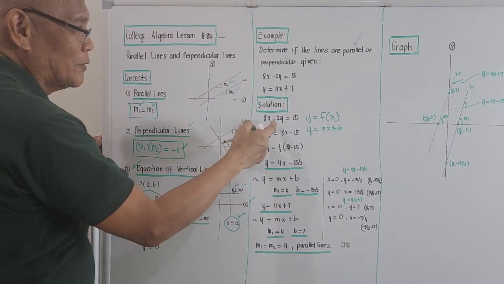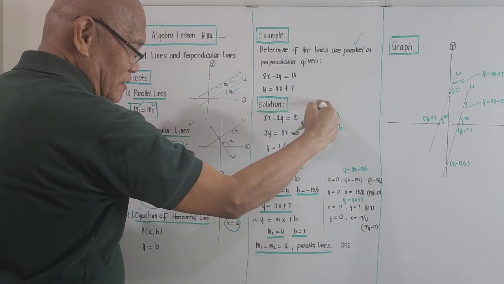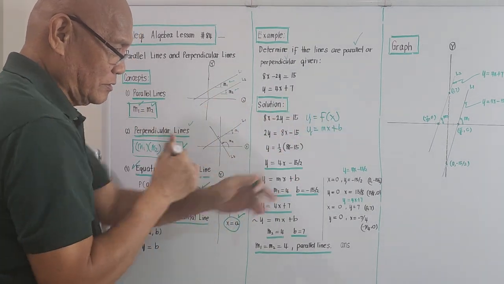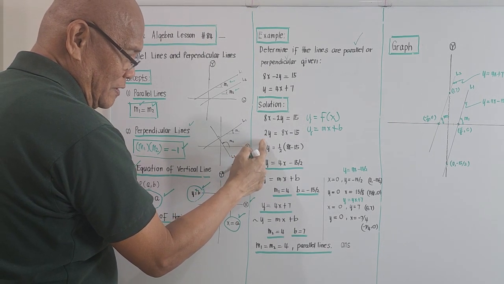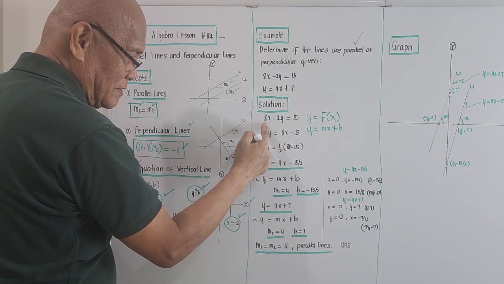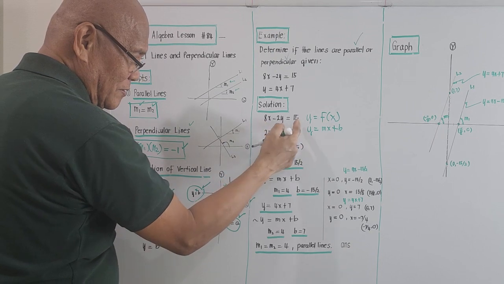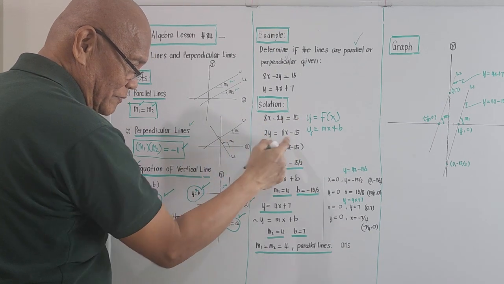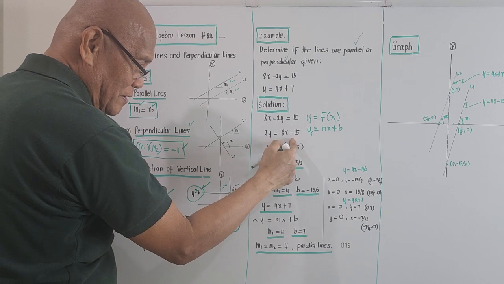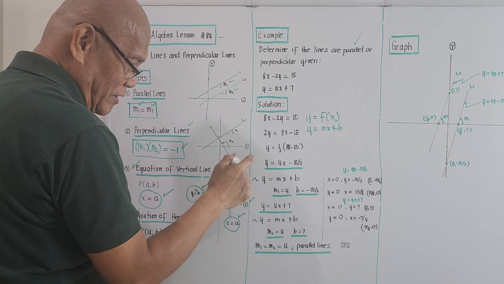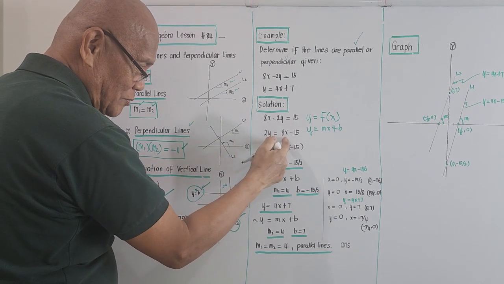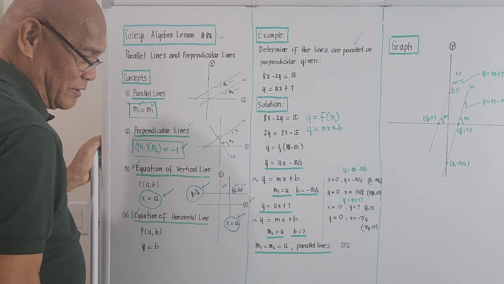So solving for 2y, we place this on the right, then we interchange location. So 2y now will be equal to 8x. We transpose this on the left, this is minus 15. This one is actually on the right, but we interchange location, right? So 2y is equal to 8x minus 15, right?